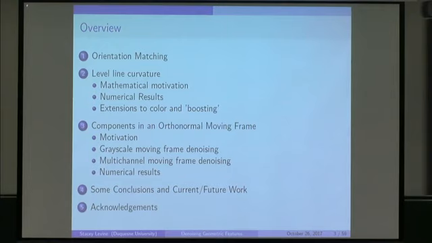In the second two cases, I'll go into slightly more detail about the mathematical motivation behind it, why it should work, why it should do better, and how the formulation will be expressed. In the second case, one of the benefits is a very nice natural extension to multi-channel images, so I'll give the framework for both. I'll discuss some numerical results in both cases, and then we'll conclude.